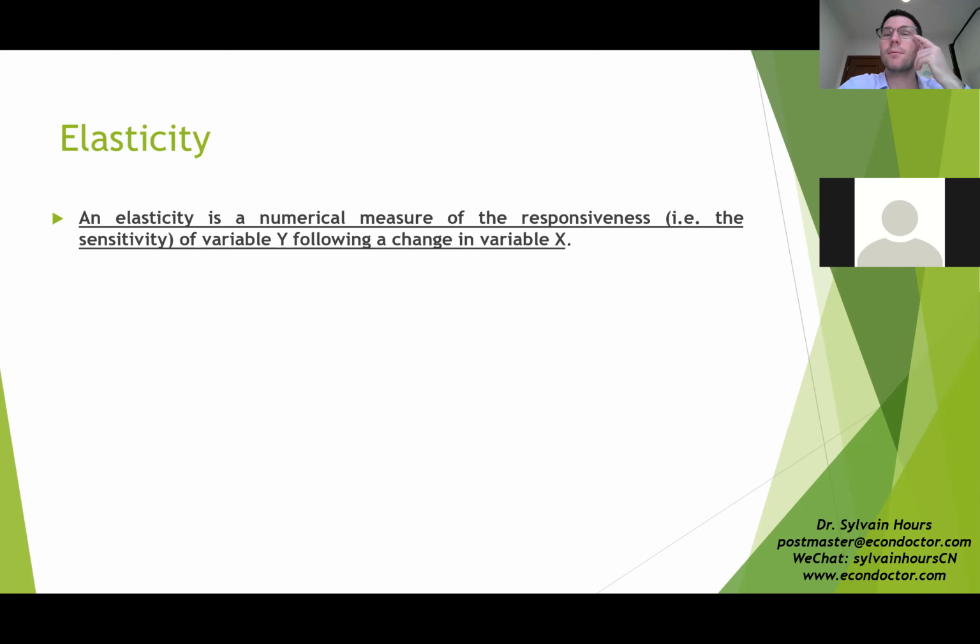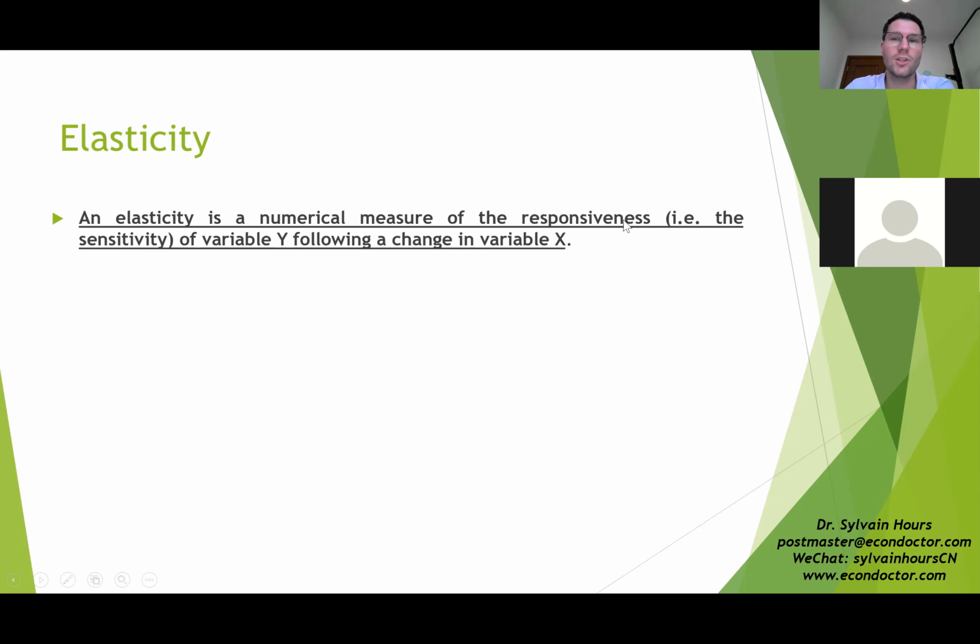So this is not something that only belongs to economists. Of course, you have two variables. You suspect that there is some relationship between the two, and especially a cause and effect relationship. So you will change one, and as a result, the other will change. As soon as you have this causal relationship, you can calculate an elasticity.